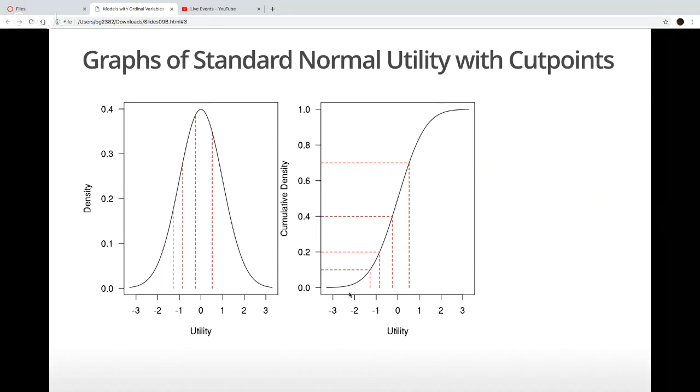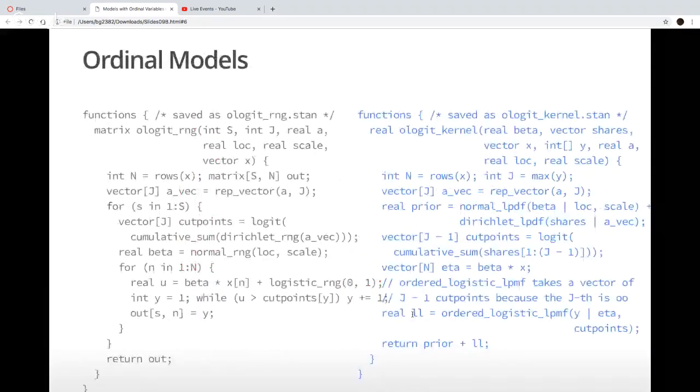We can obtain realizations of draws along the horizontal axis by taking a draw of a simplex, which gives us the increments, doing a cumulative sum, which gives us where the increments add up to on the vertical axis, and going over the curve and down to get the cut points in utility space, basically, for putting people in the buckets. Let's see the rest of this, and then maybe we can come back and ask some questions. So that's our realization of the cut points.